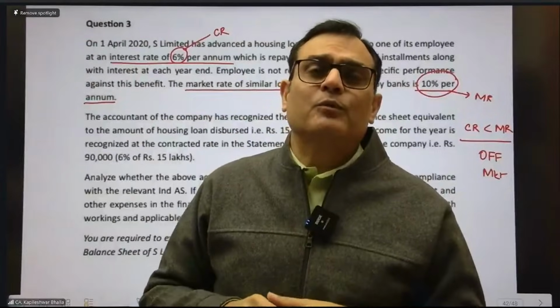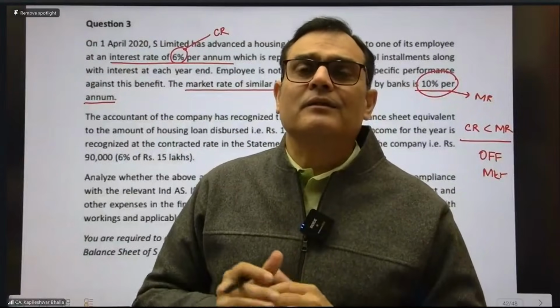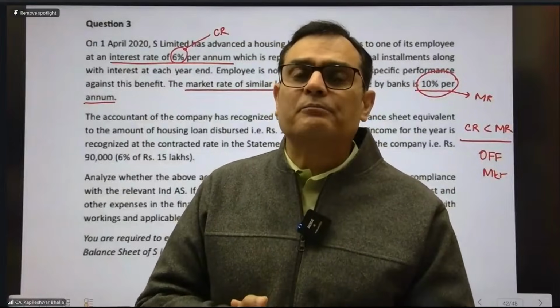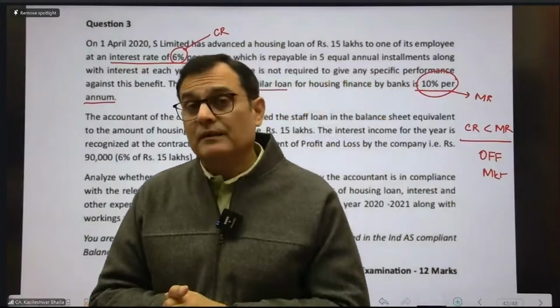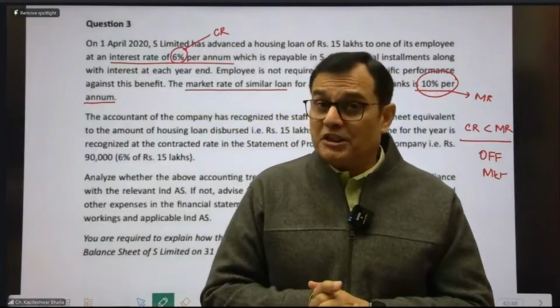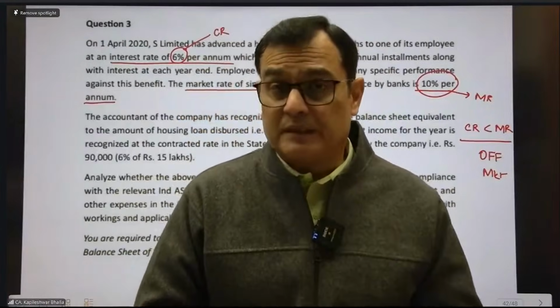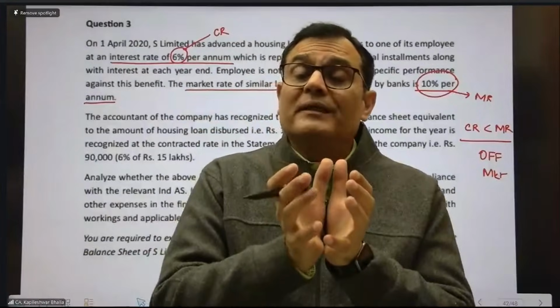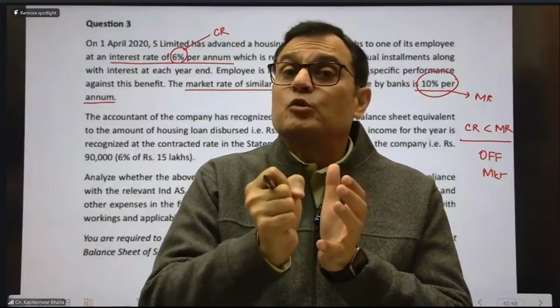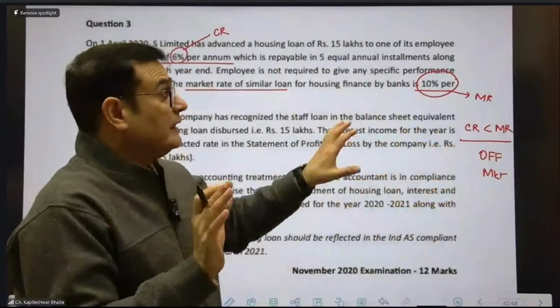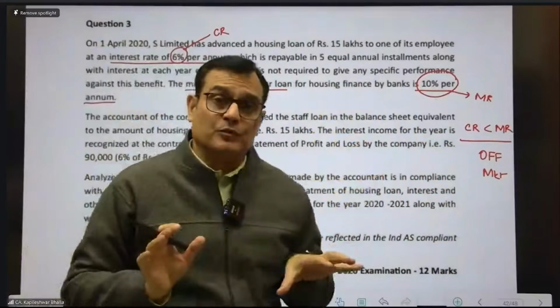So in any case, I would not say that this is directly observable data. I would say it would be something which is maybe adjusted. And if it is adjusted, there might be some significant adjustments. And trust me, when you make significant adjustments to level 2 data, this is definitely a level 2 kind of data where you've got similar kinds of loans.